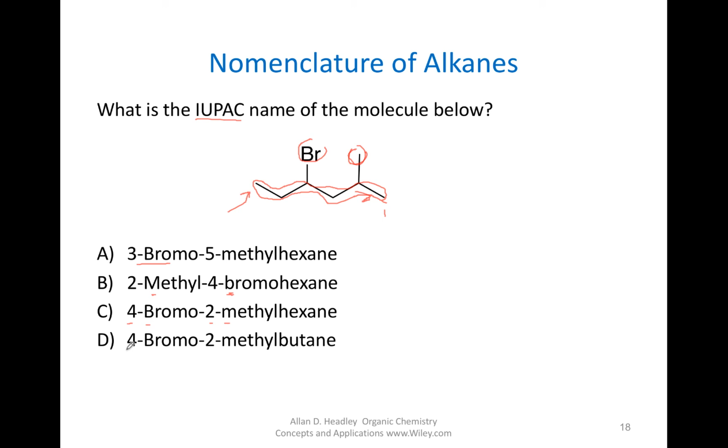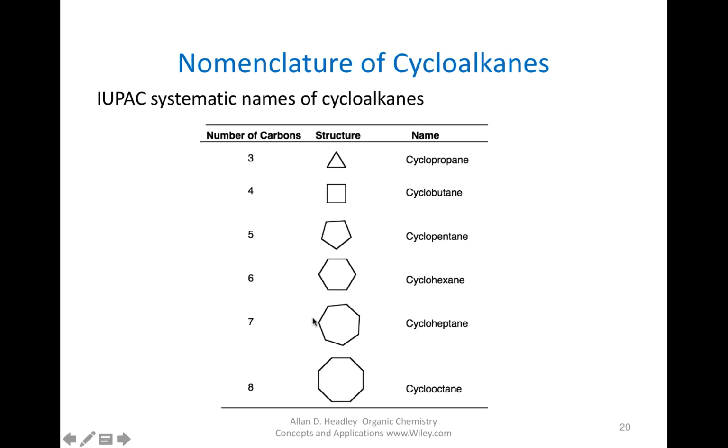And 4-bromo, 2-methyl, butane, that's 4 carbons, so obviously that will not be a good choice. Again, you may want to pause here and make sure that you name this molecule and make a good selection, because the next slide has the answer. And of course, it's not surprising that the answer is this one, based on the IUPAC rules of naming organic molecules.